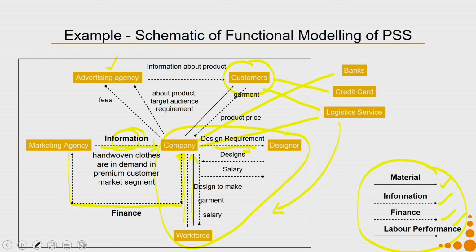So, this gives you a brief idea about what we mean by a systems approach to product service design. When we go into the discussion on sustainability, on how to look upon sustainability, you will appreciate this concept more and more, because sustainability is not achievable in a single product.